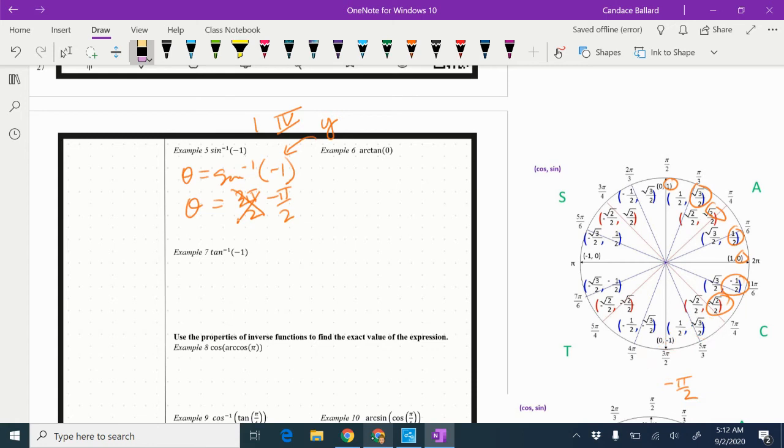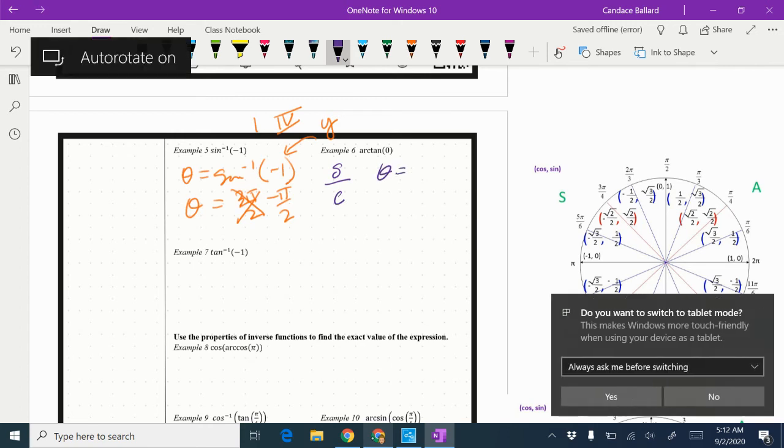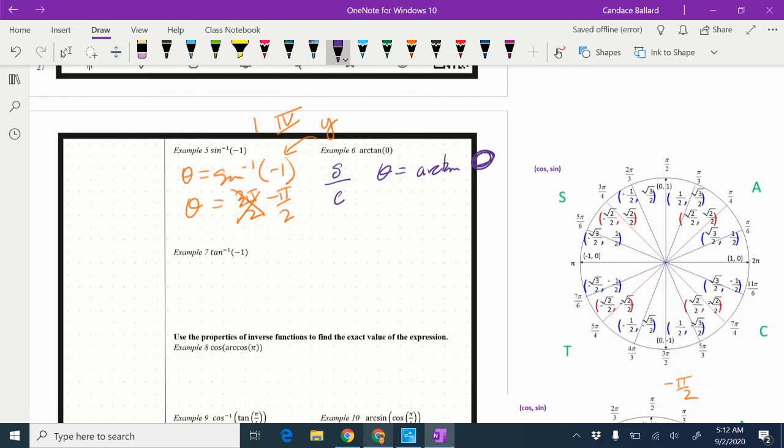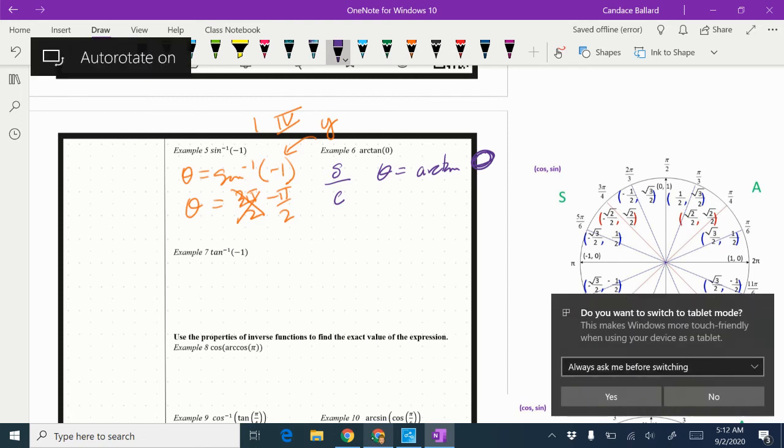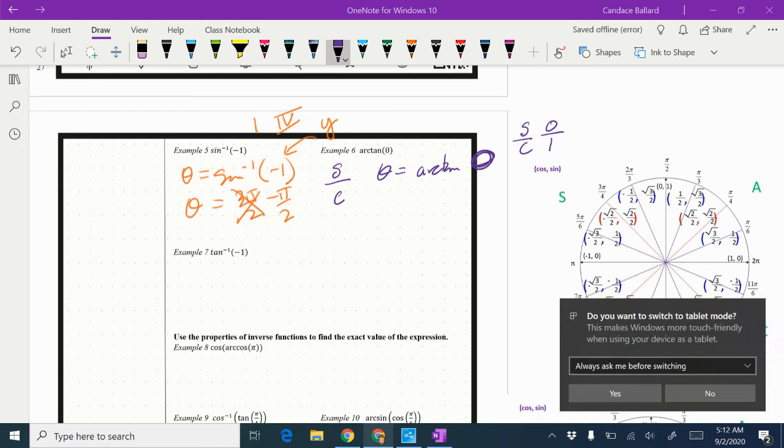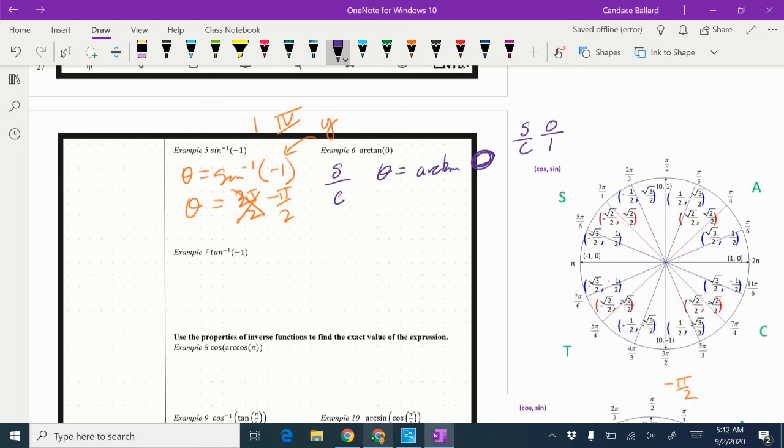All right, next is arc tangent. Arc tangent we know is going to be the sine divided by the cosine. Okay, so theta equals arc tangent of 0, which means I am really looking at where the sine over the cosine is 0 over 1, because I can't have a 0 in the denominator, right?